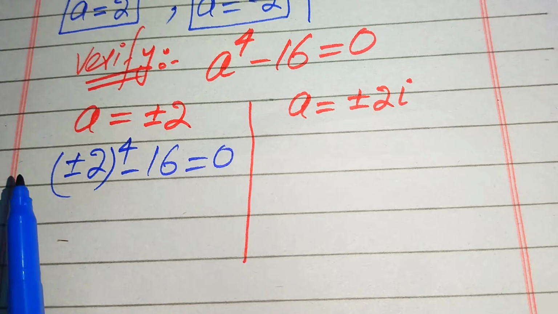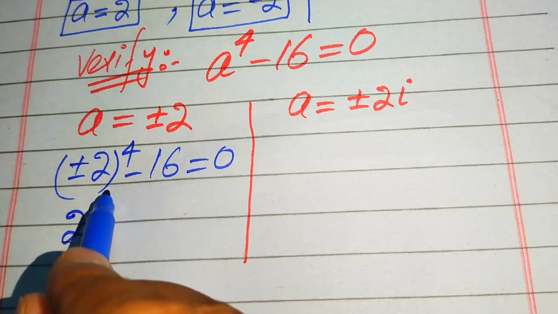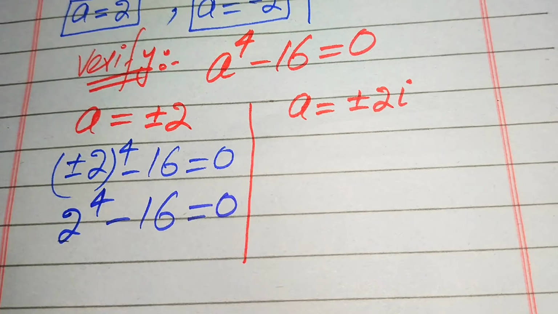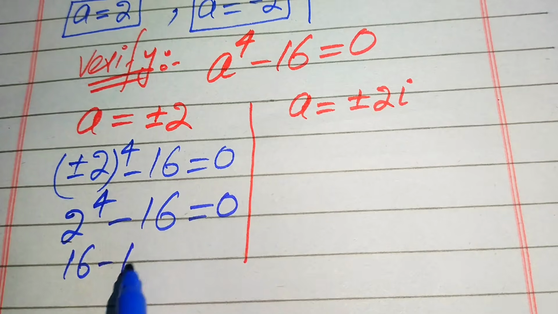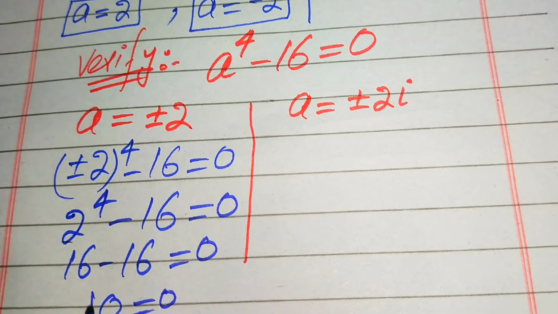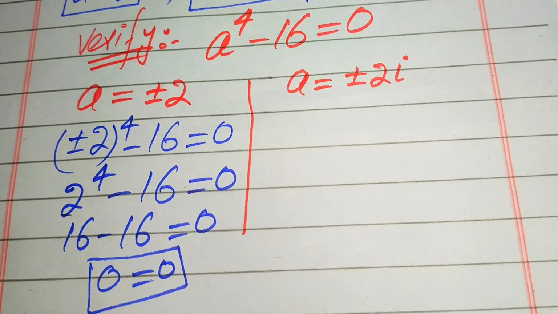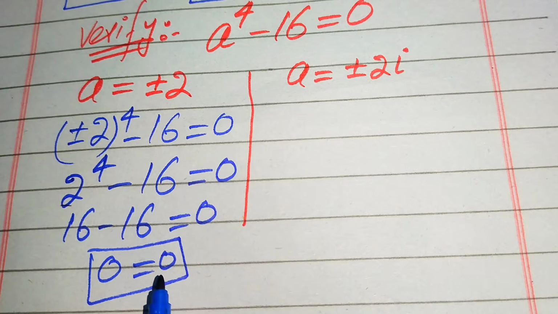This means that the negative term becomes positive, and we get 2 to the power of 4 minus 16 is equal to 0. Further, 2 to the power of 4 becomes 16, minus 16 is equal to 0, and we get 0 equals 0. This shows that the value a is equal to plus minus 2 satisfies our given equation.